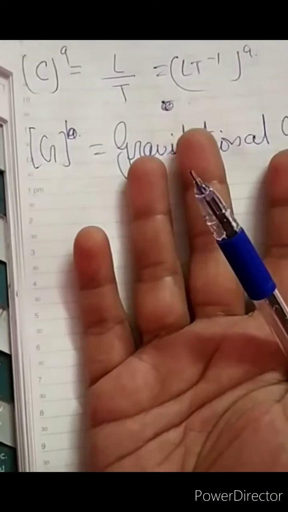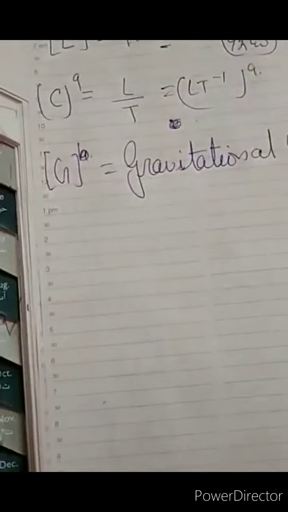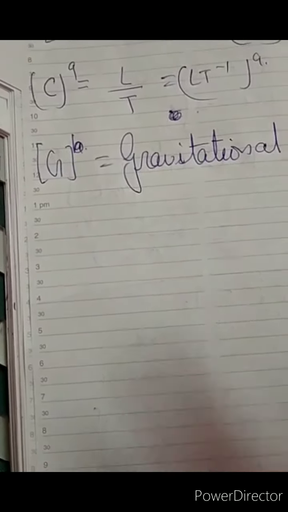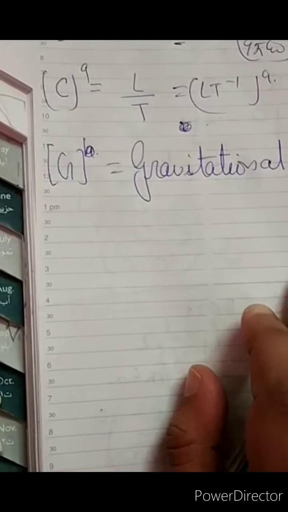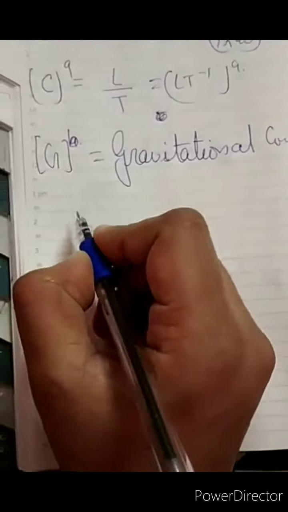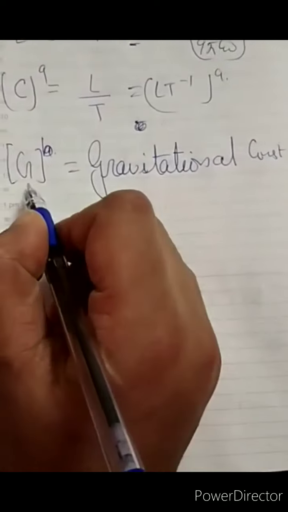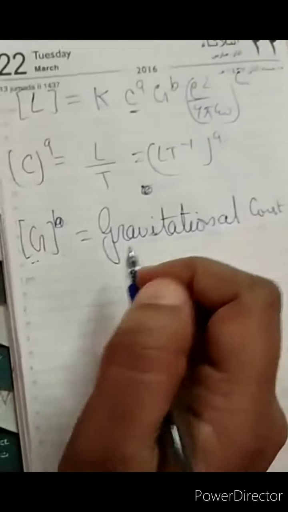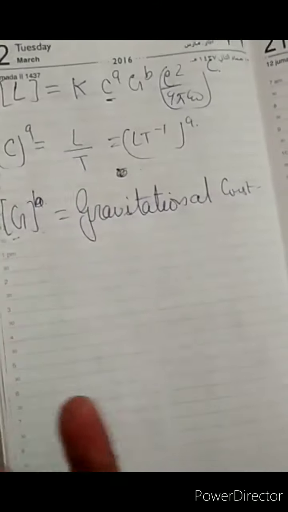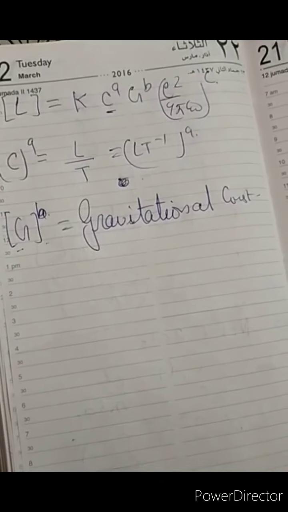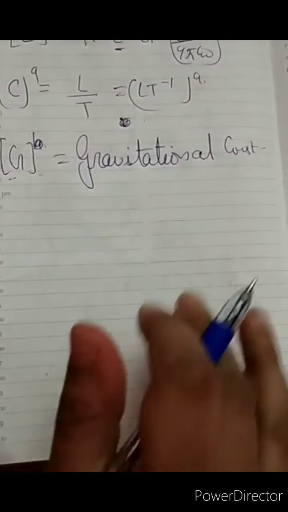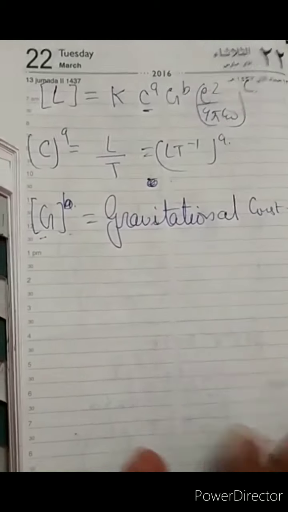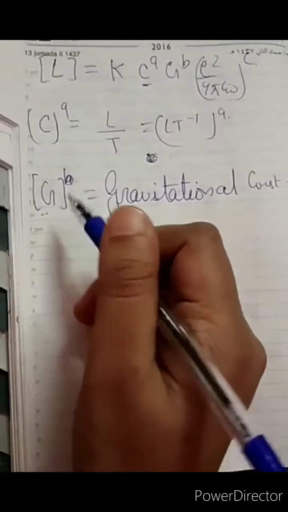In 12th class you have a chapter on electricity, and in 11th class you have a chapter on gravitation, so you will get this concept there. How do I get the MLT value of the gravitational constant? I know it, but I just want to derive it for you. Otherwise, if you know the MLT form of it, you just put it in and that's all. So let's derive it.